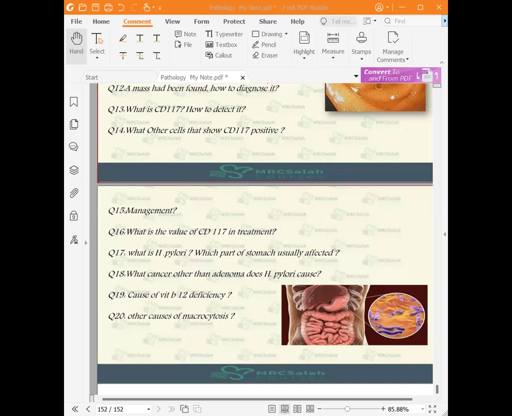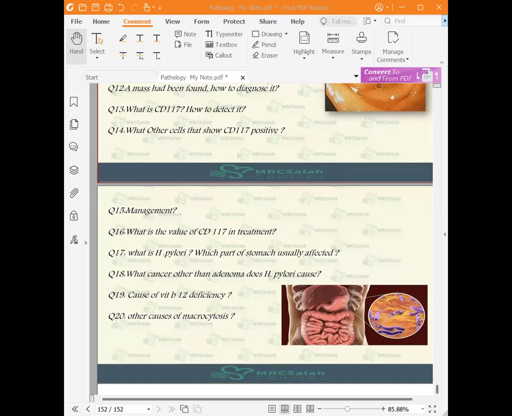What is the value of CD117 in treatment? If the tumor is CD117 positive, it means the tumor will respond nicely to the tyrosine kinase inhibitor imatinib. What is Helicobacter pylori?